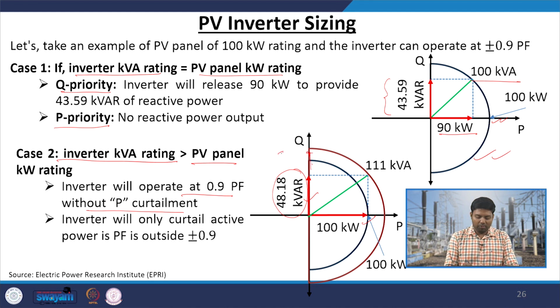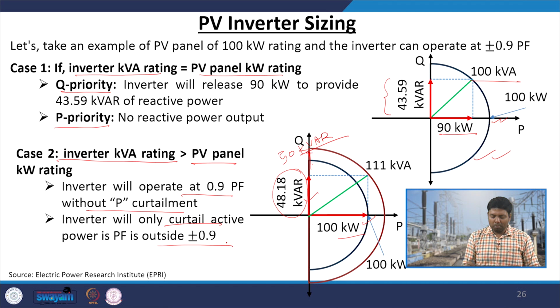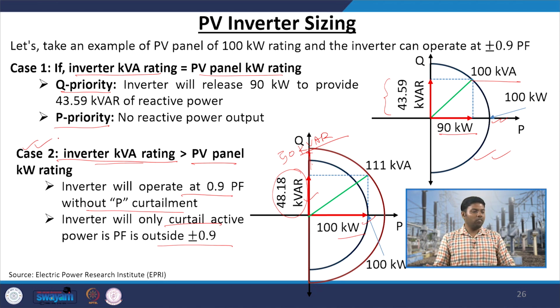Let us say you need 50 kVA. At that time you cannot operate at 100 kilowatt, you have to reduce that. But that is not much followed in real time. So mostly this is the favorable inverter size determination process for our real life circuit.